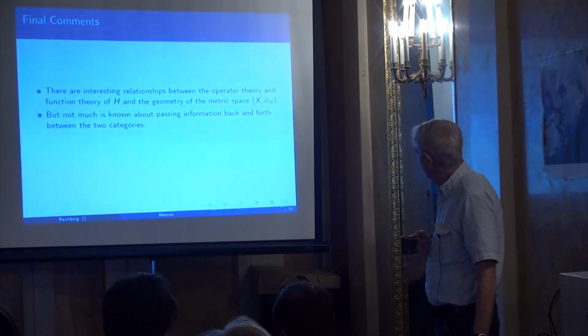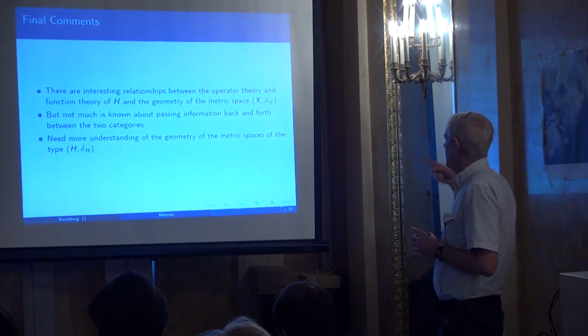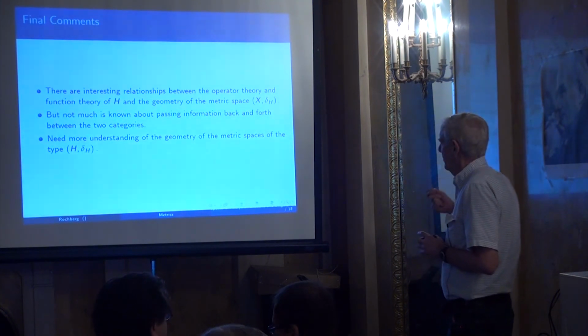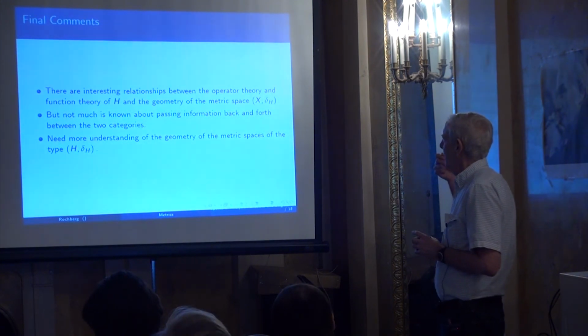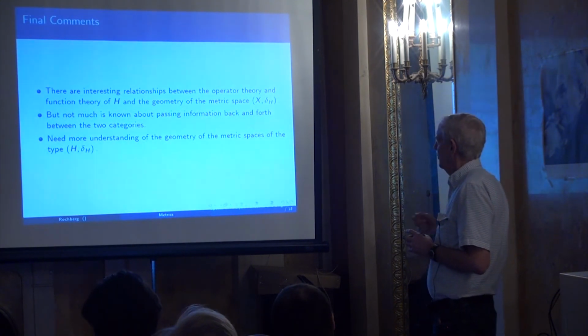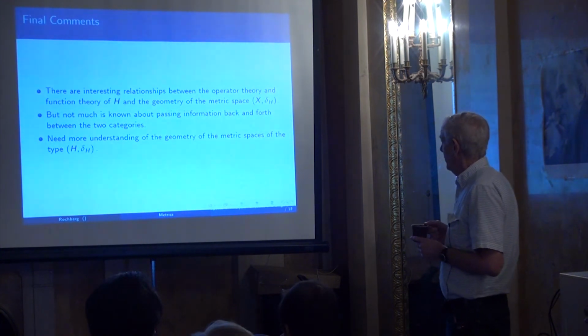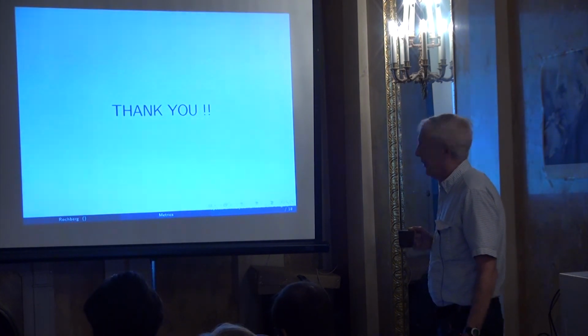And it seems to me more specifically there's not much known about how one should understand the geometry on these metric spaces. There is a literature that I'm starting to try and learn about metric spaces and how curvature could be defined on metric spaces if you don't have additional structures such as the Riemannian metric. So, thank you for your attention.